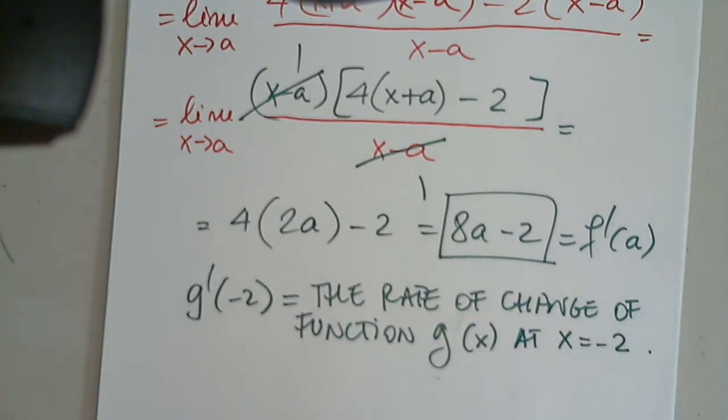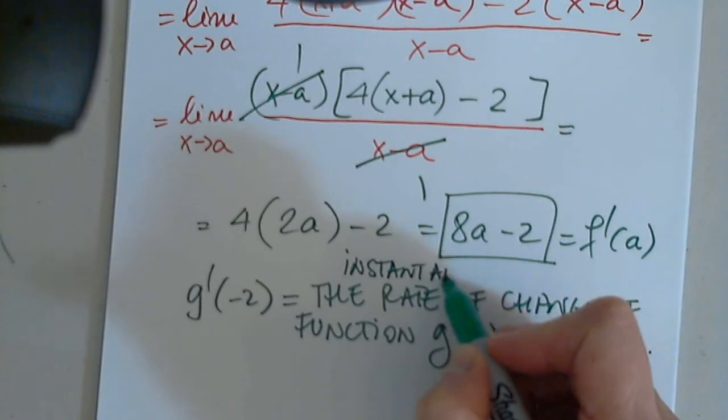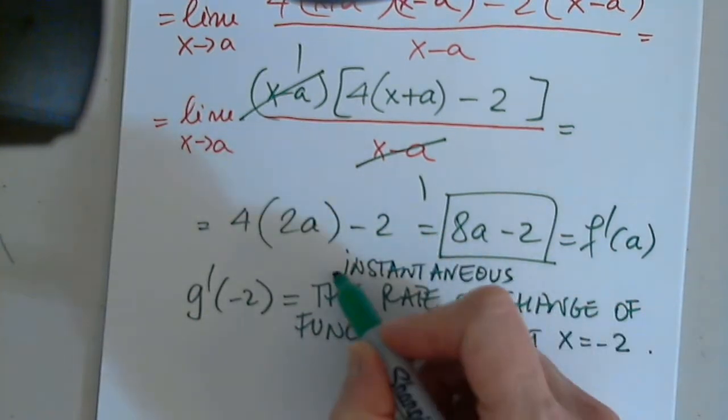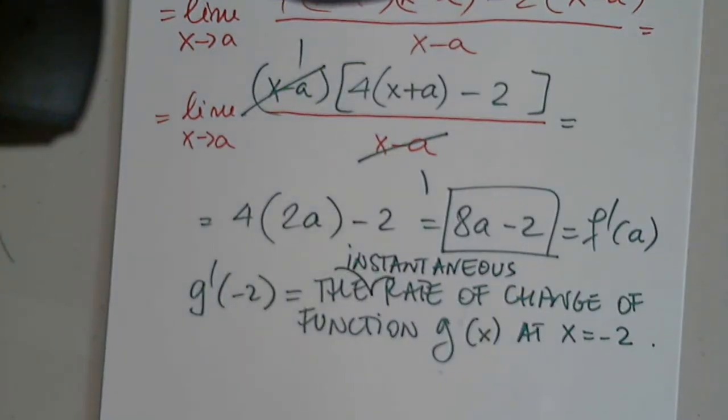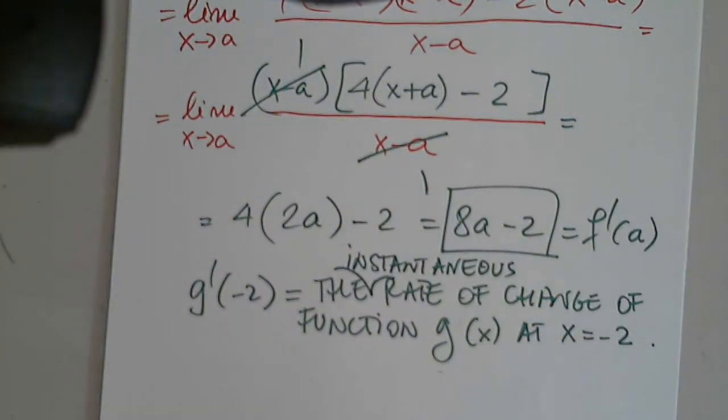That's exactly what it is. The instantaneous rate of change of function g at x equals -2. Perfect. That's exactly what it means. Thank you. Who was that, Mickey? Yes, that was me. Thank you.